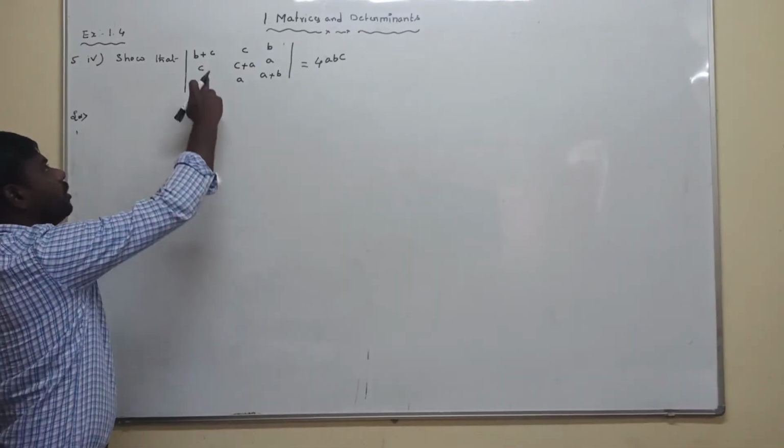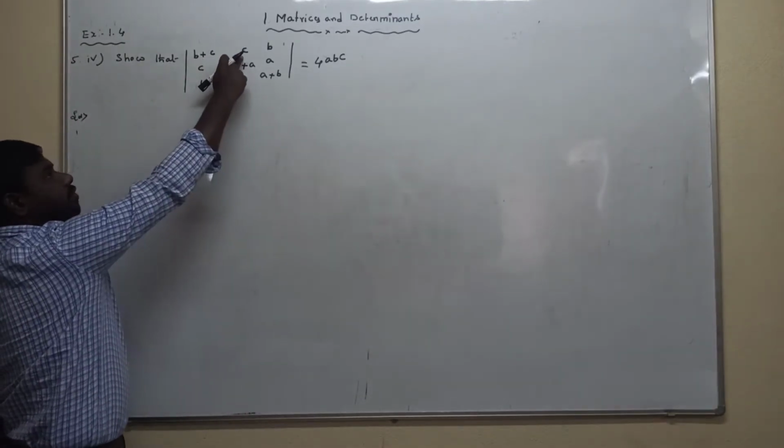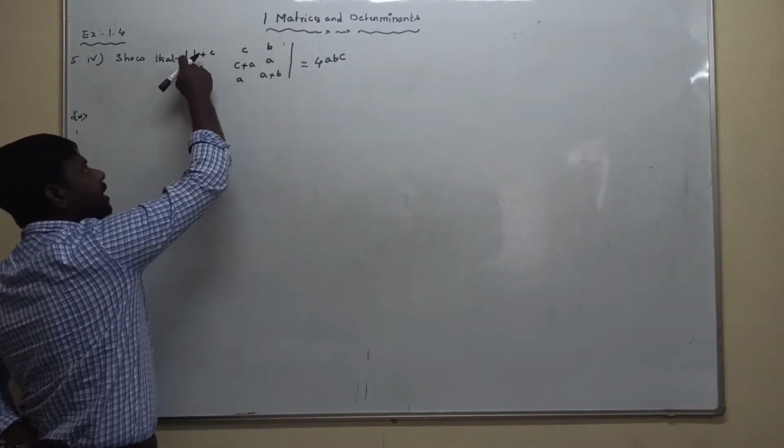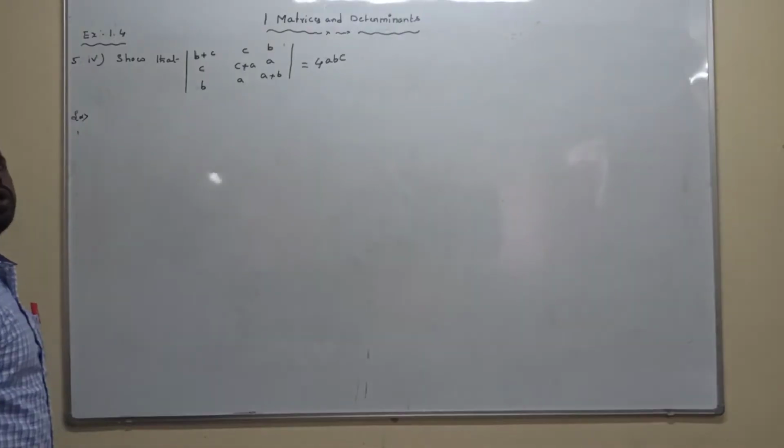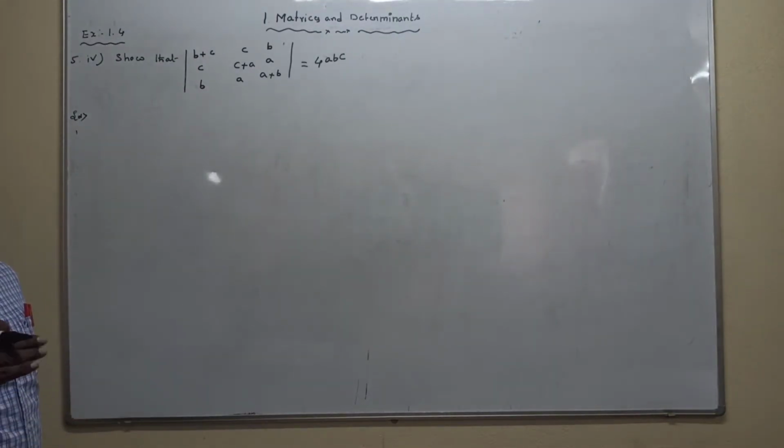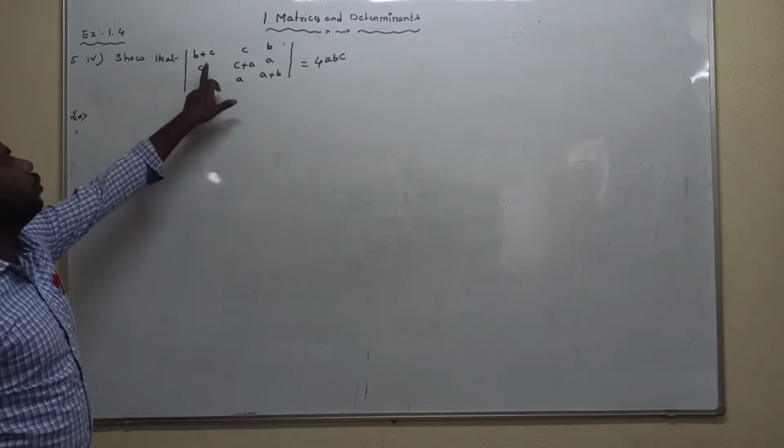Observe here, friends. In the first row, a single variable is there, but here the sum of two is there. This one you have to prove is 0.